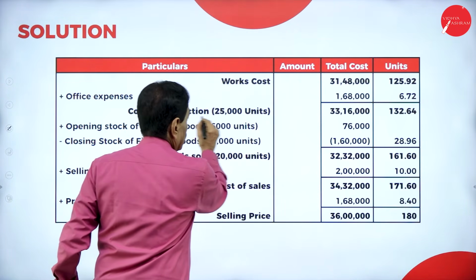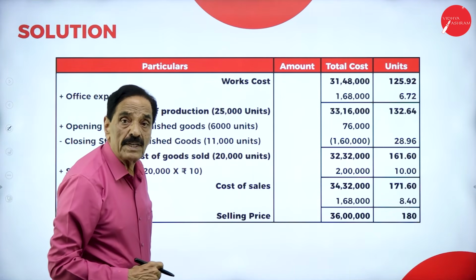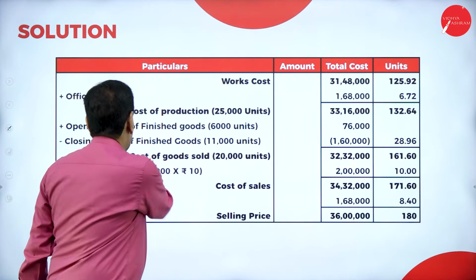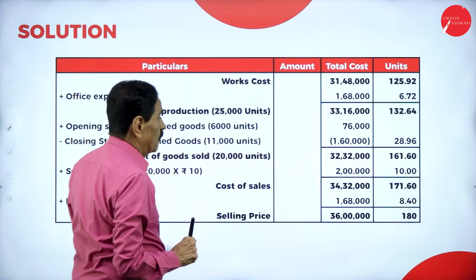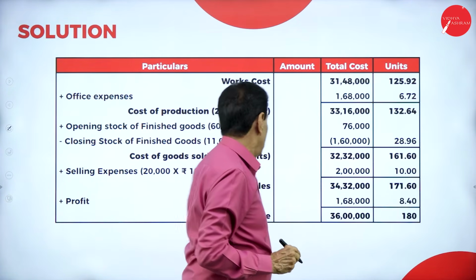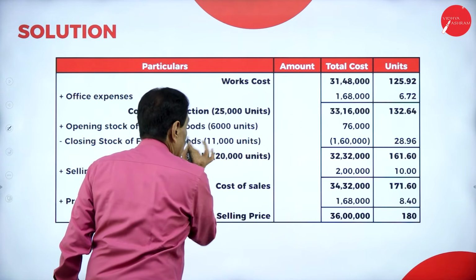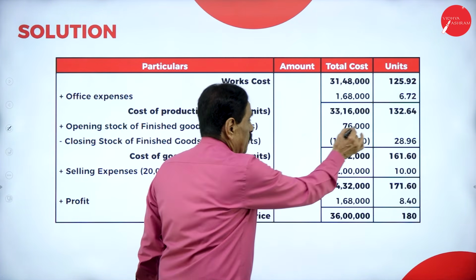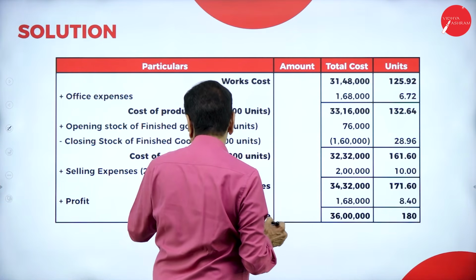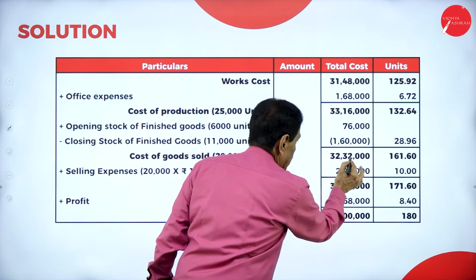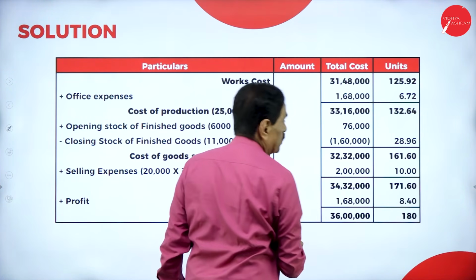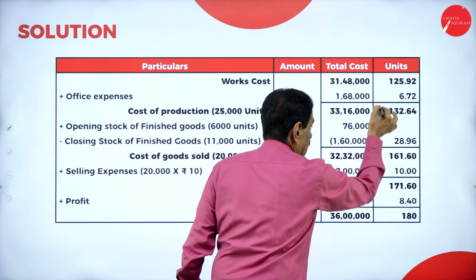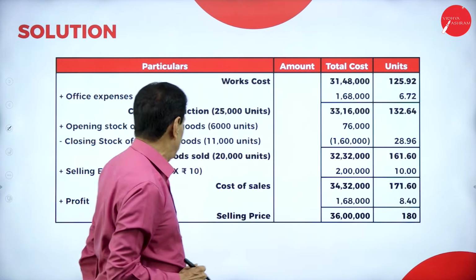This becomes the cost of production for how many units? 25,000 units. Add opening stock of finished goods 6,000, 76,000, minus closing stock of finished goods 11,000, 1,60,000. It becomes 28.96. Totally for cost of production 32 lakh 32,000, it is 161.60. If we deduct, it becomes 28.96.